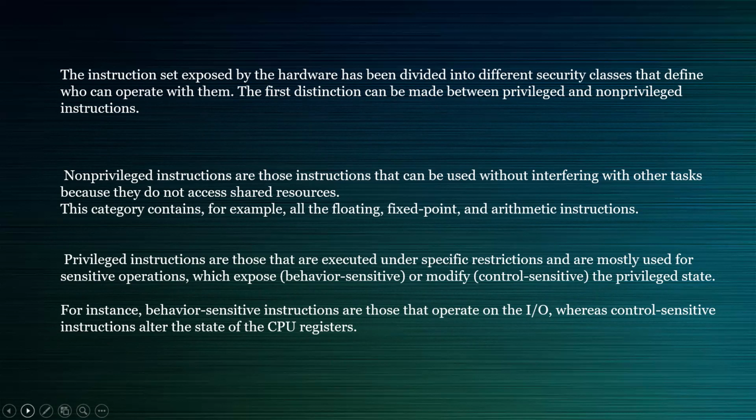Privileged instructions are those that are executed under specific restrictions. There are no restrictions in non-privileged, but here a few restrictions apply, and they are mostly used for sensitive operations which expose behavior-sensitive state or modify the privileged state. For instance, behavior-sensitive instructions are those that operate on input or output, whereas control-sensitive instructions alter the state of the CPU registers.